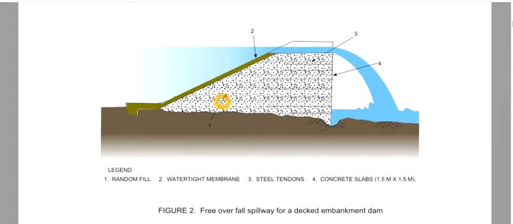Here 1, 2, 3 are the legends. This one is random filling, shown at place of 1. At 2, here is watertight membrane. Third one is steel tendons to provide additional strength to the dam, and fourth one is concrete slabs.